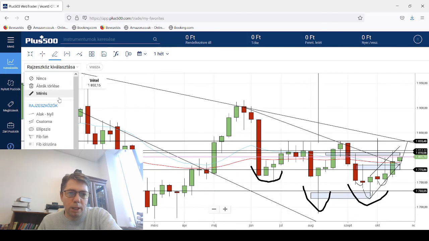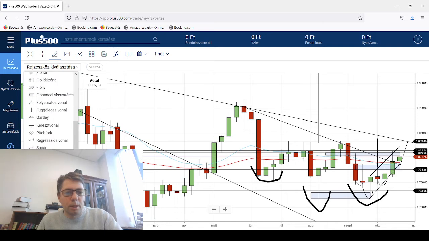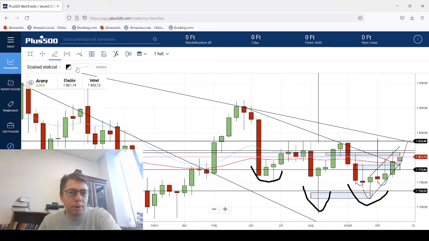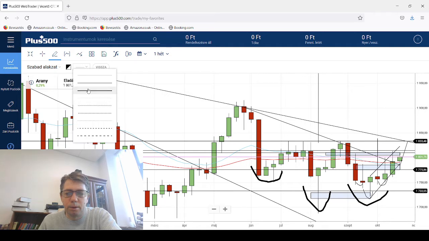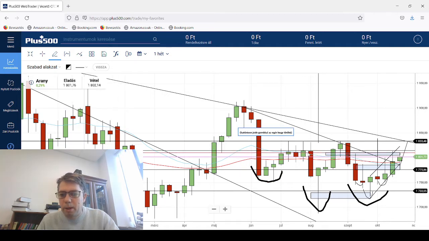First of all, I want to start with something else. Here we go, and this one. So here we are, and this could be a W pattern formation.